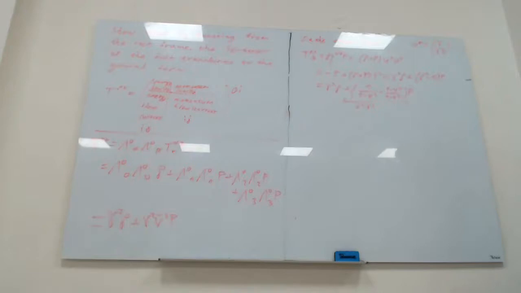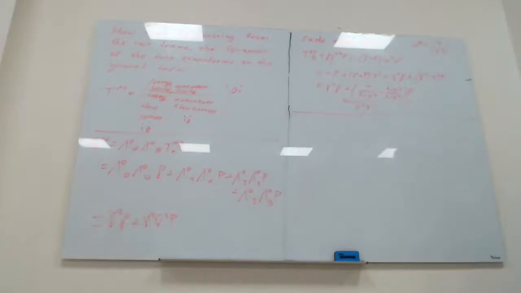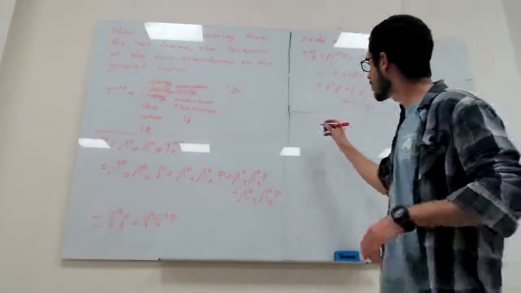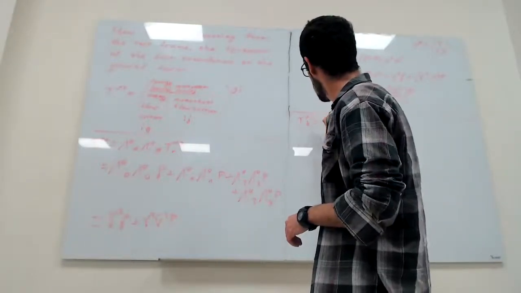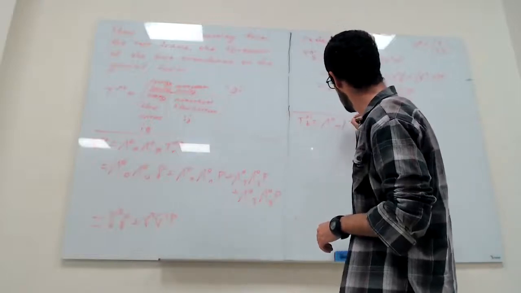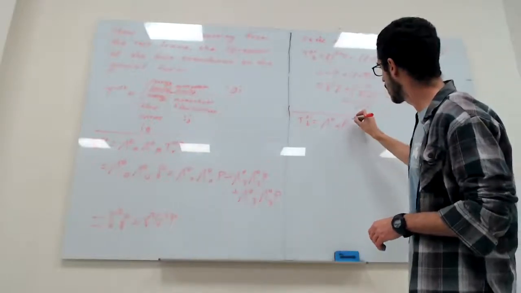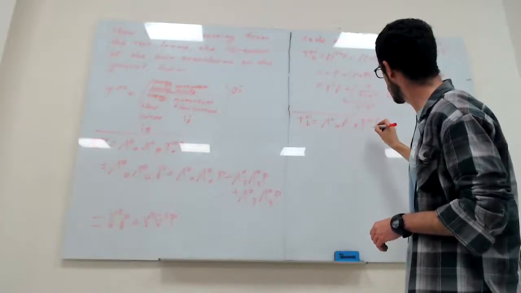Okay. I'll do another component, and the last component I can leave as an exercise, like last time. It's also the hardest, so I'm making myself an easy job. So T0i equals lambda 0 alpha, lambda i beta, T alpha beta. And the rest.